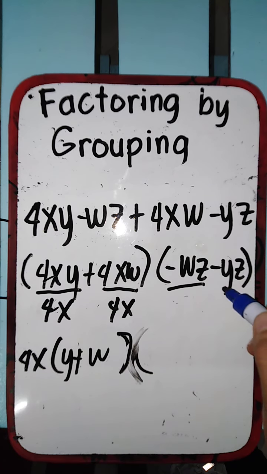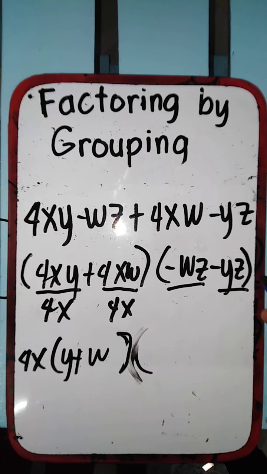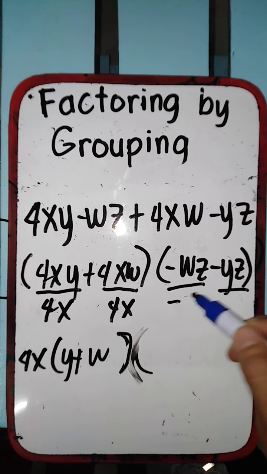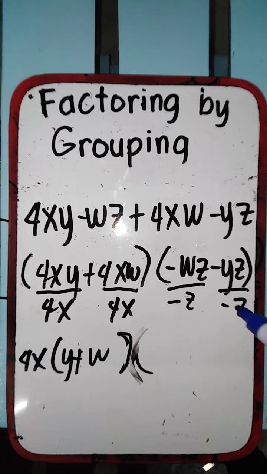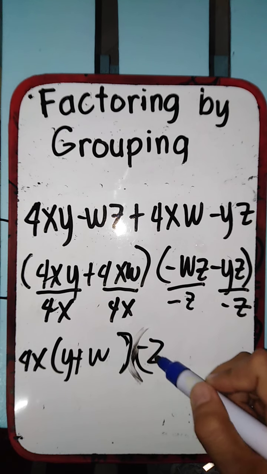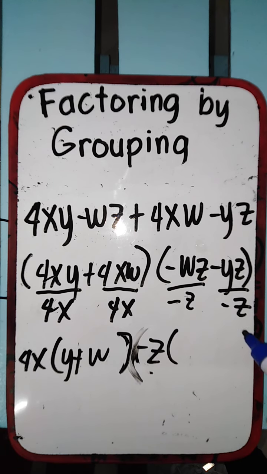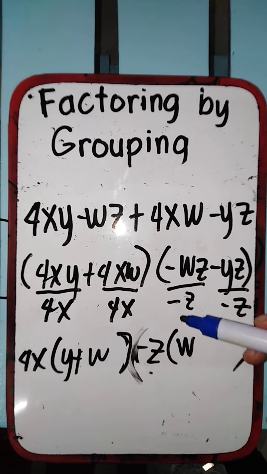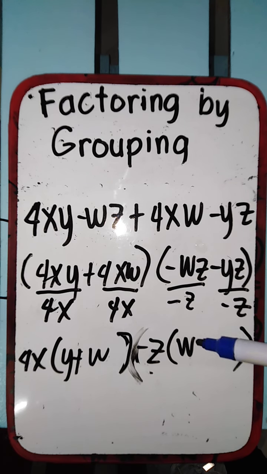In our second group, negative wz and negative yz, what is their common factor? They have negative z in common. So we divide both by negative z and write negative z outside the parentheses. Negative wz divided by negative z is positive w, because negative divided by negative is positive. Then negative yz divided by negative z is also positive y.